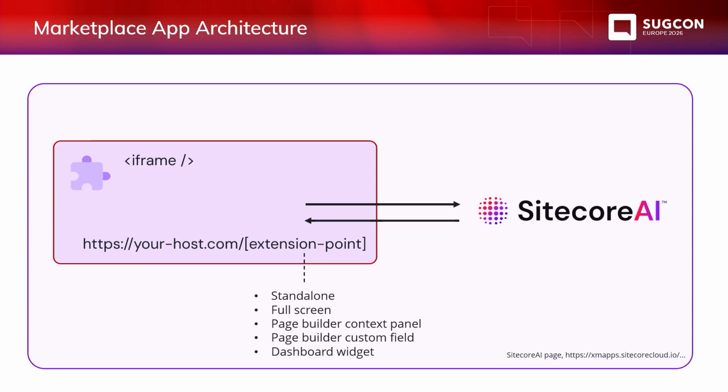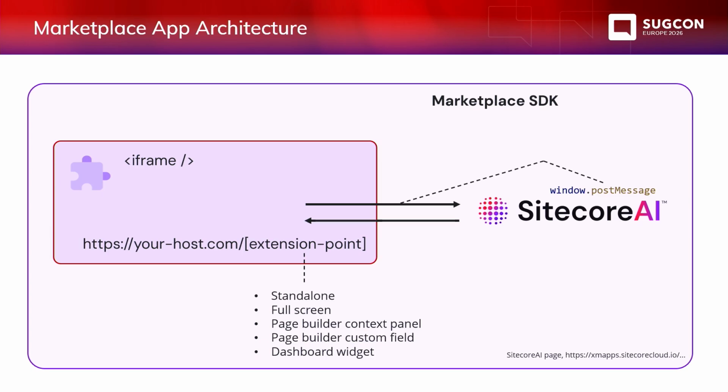Your app makes sense only when it has some connection to Sitecore, and this connection and communication is provided for you by the Marketplace SDK. Under the hood, it uses the postMessage API, but you as a developer don't need to use it. The Marketplace SDK does it for you.